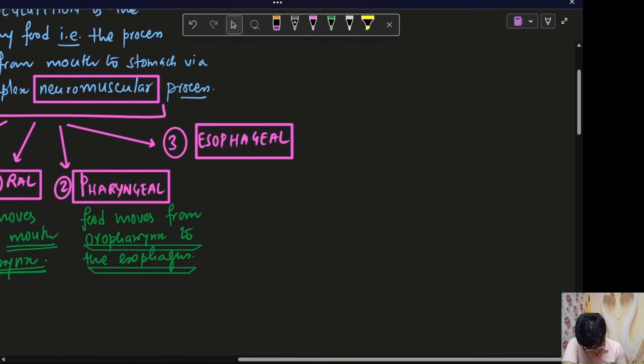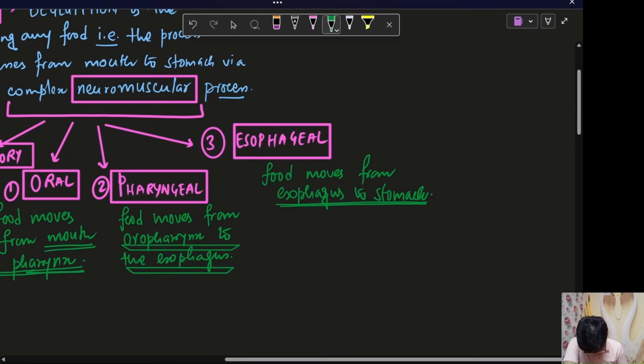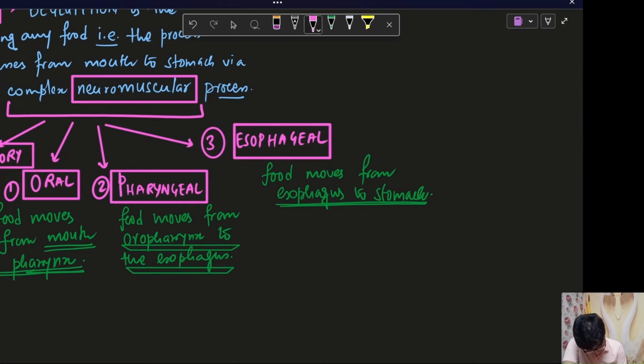Whereas the esophageal phase is when the food moves from esophagus to stomach. Importantly, the first esophagus should not be stated as esophagus only.